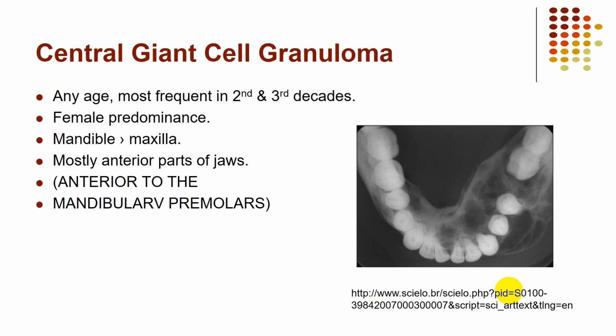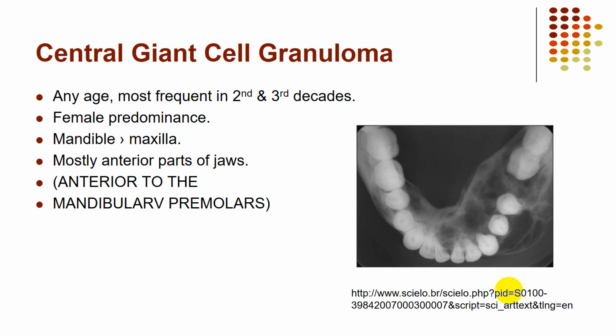We said peripheral occurs only in tooth-bearing areas because the multinucleated giant cells are most likely related to teeth in etiology or in origin.